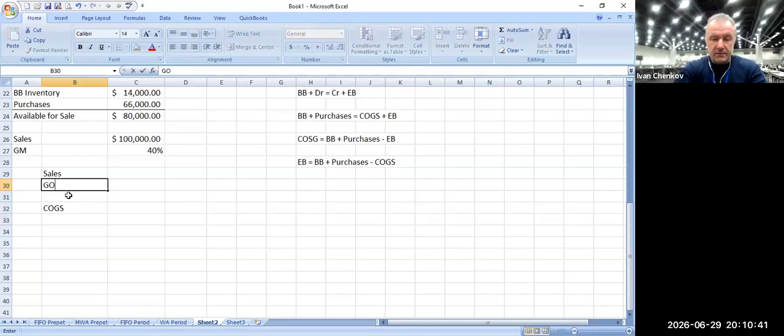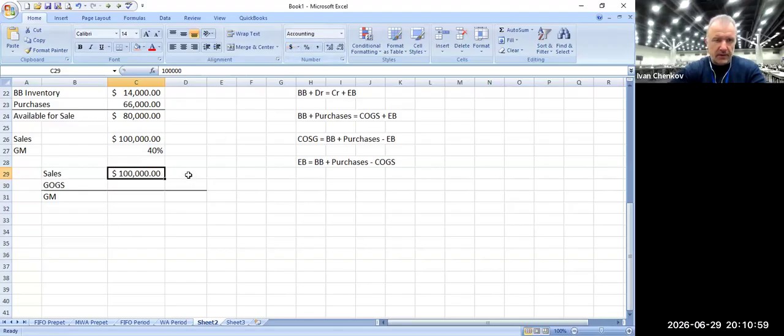Then sales minus cost of goods sold is going to give me gross margin. What do I know? I know my sales are $100,000. Great. But I also know that the sales divided by sales are 100%.